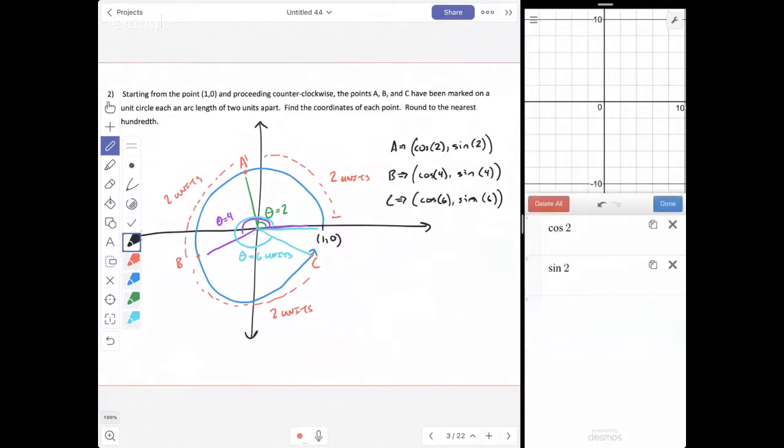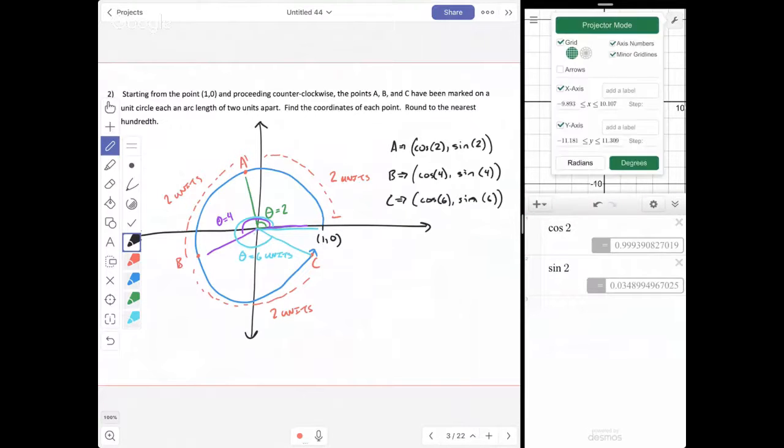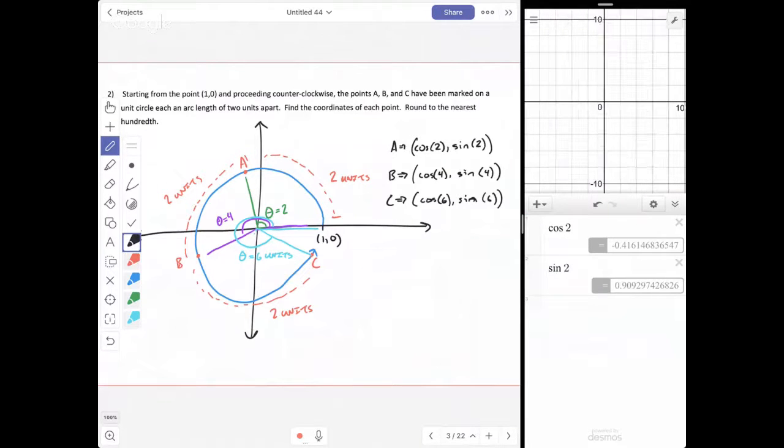This will work much better if I make sure my calculator is in radian mode. The first one, point A, is at negative 0.42, 0.91.